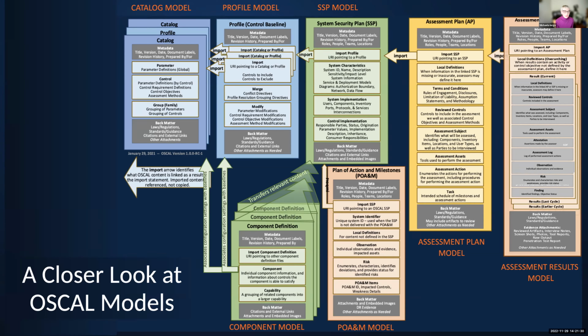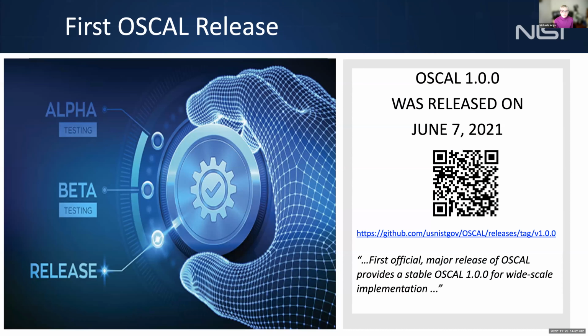If we go next. So the first release of OSCAL: NIST released OSCAL 1.0 in June 2021. Can you advance the slides, Brad?